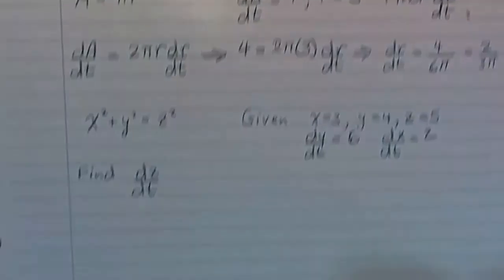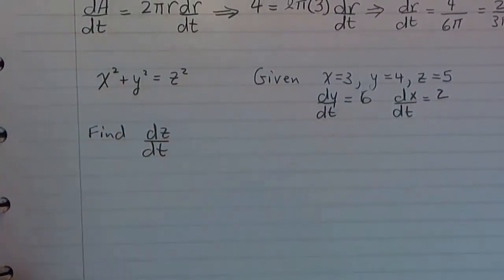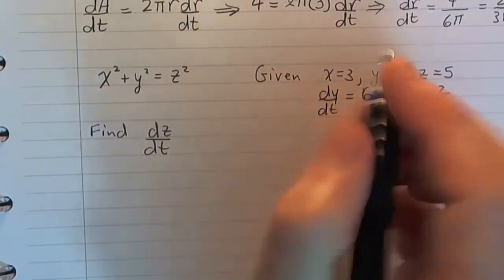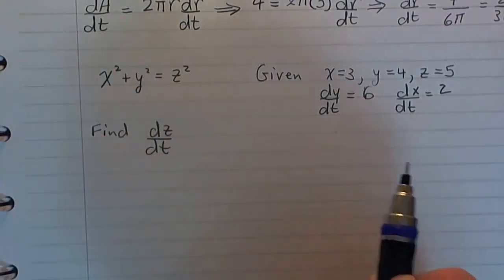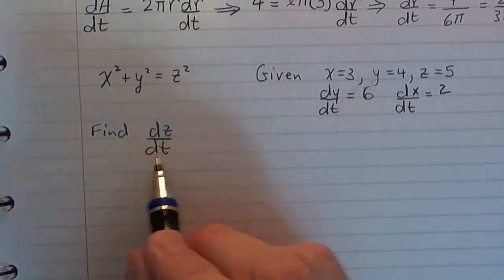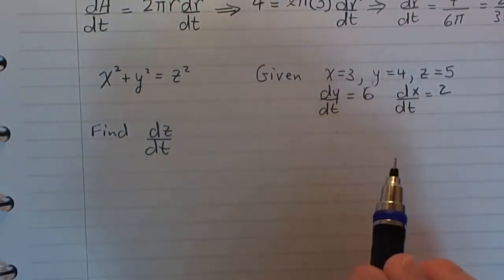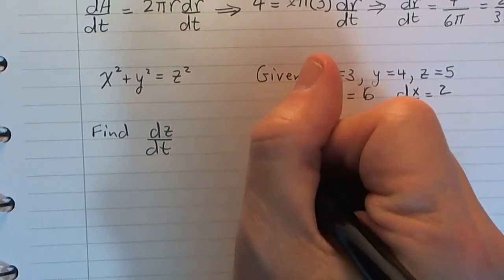Okay? So let's look at how this situation would work. I've got the relationship between the variables here, and I want to find how dz/dt is related to dy/dt and dx/dt. So I do that with differentiation.